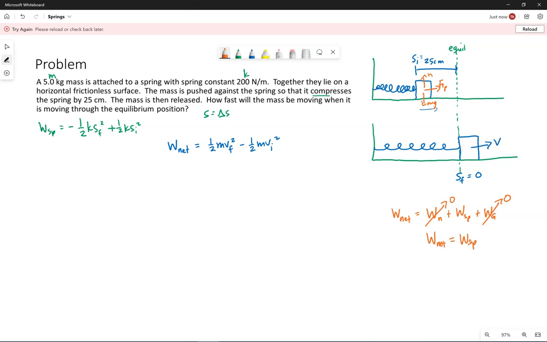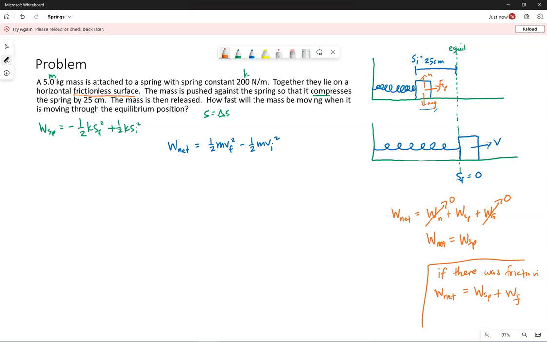So just as a reminder, they tell us it is a frictionless surface. If there was friction, the net work would be the work done by the spring plus the work done by friction.